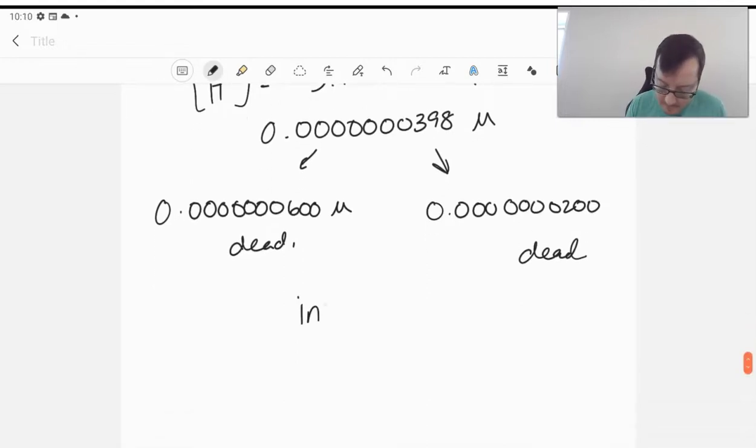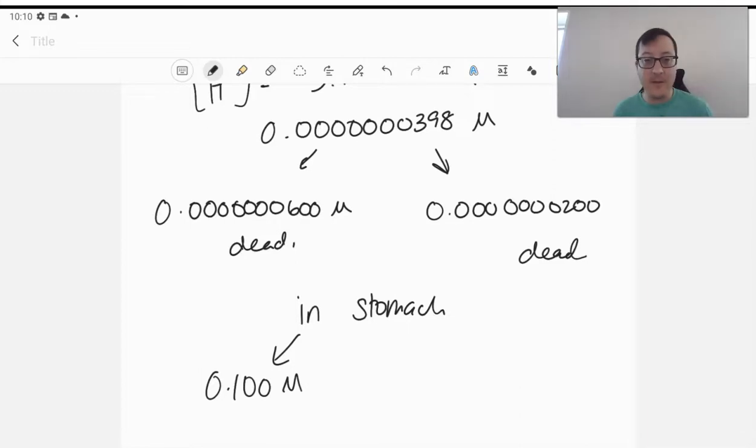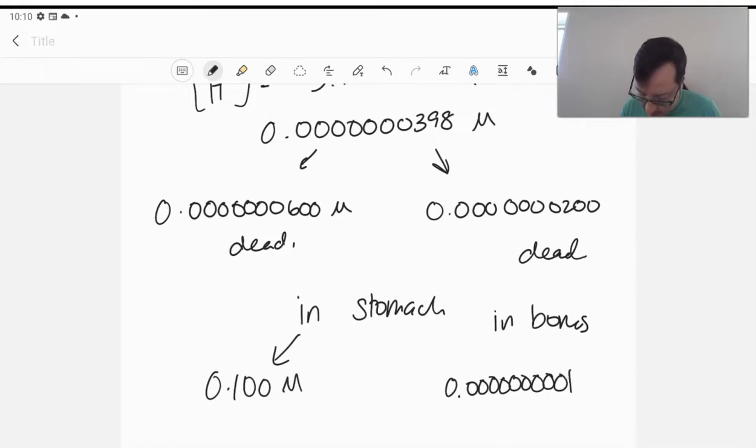In the stomach, H plus concentration is 0.1 molar. And in bones, it's 0.0000000001, I'll just say 1 there, molar. So it's very hard to say, okay, we're going to focus on using nanomolar or micromolar here.